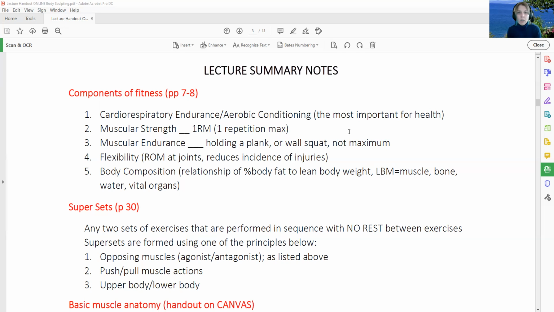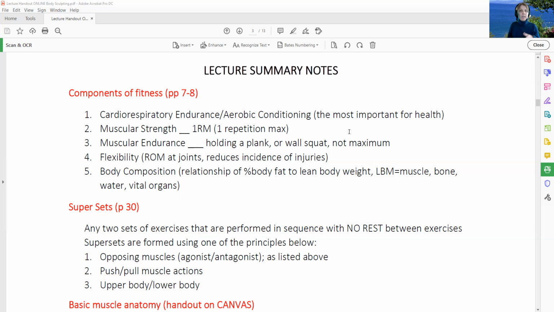And the final one is the body composition, which draws attention of many people when it comes to workouts or being healthy or being fit. They majorly focus on changing their body composition, which is a good thing.